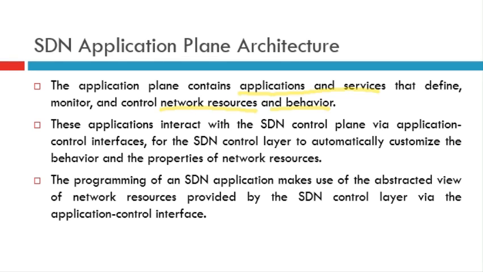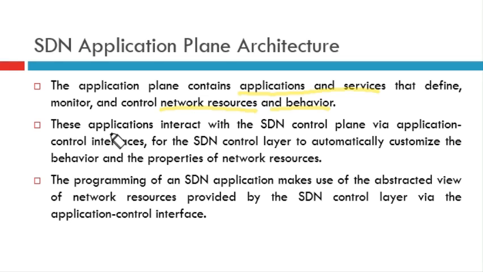Network resources, as we already discussed in chapter number 4, are in the data plane. We talk about physical switches or logical switches, both. And when we talk about behavior, network behavior refers to the activities of both the network and the user who operates on it.